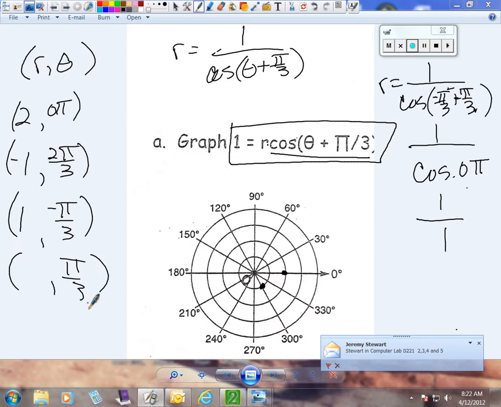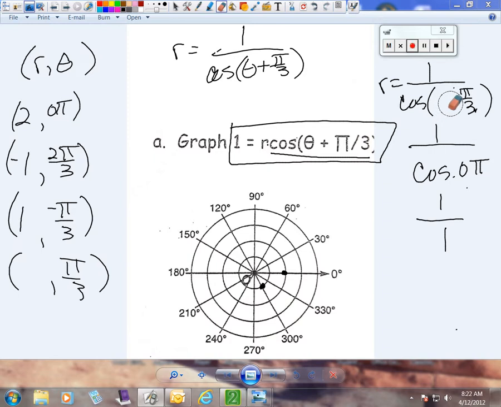Let's do positive pi over 3. So if I put positive pi over 3 in here, then we end up with the cosine of 2 pi over 3, which is really the cosine of what?